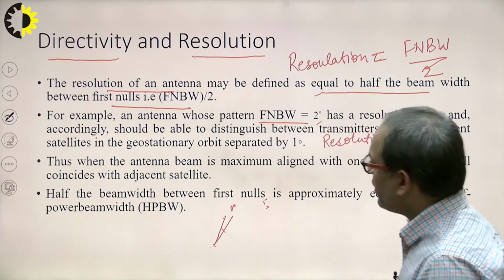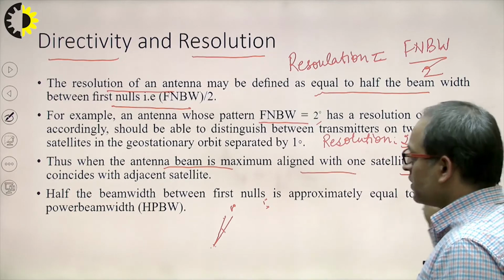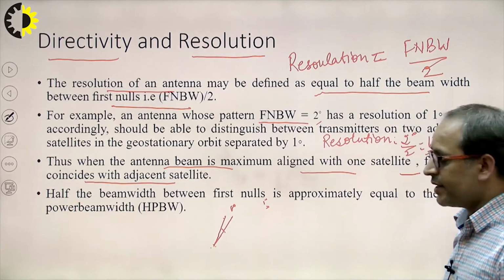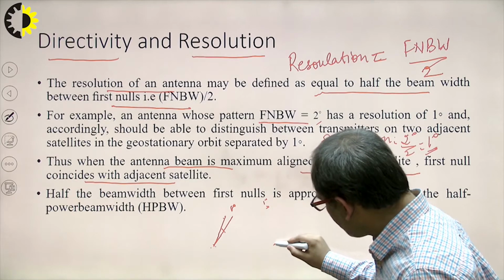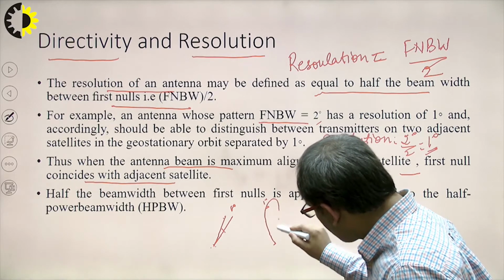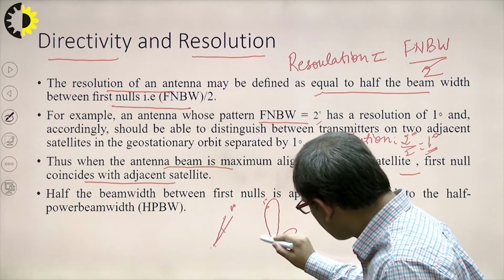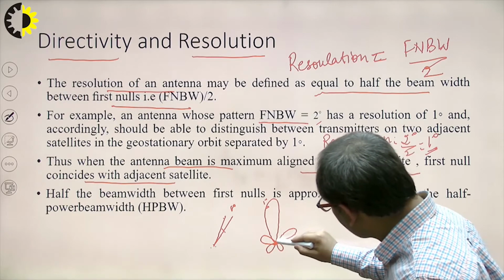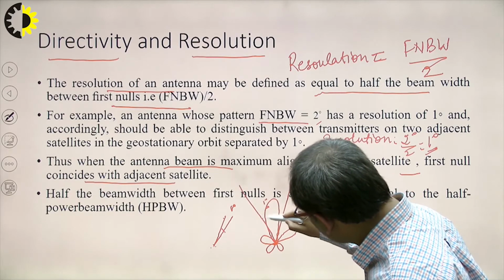Clear? So when the antenna beam maximum is aligned with one satellite, the first null beam width coincides with the adjacent satellite. Say this is the antenna placed here, and it has a radiation pattern like this one. So what is the first null beam width? First null beam width is this angular span.